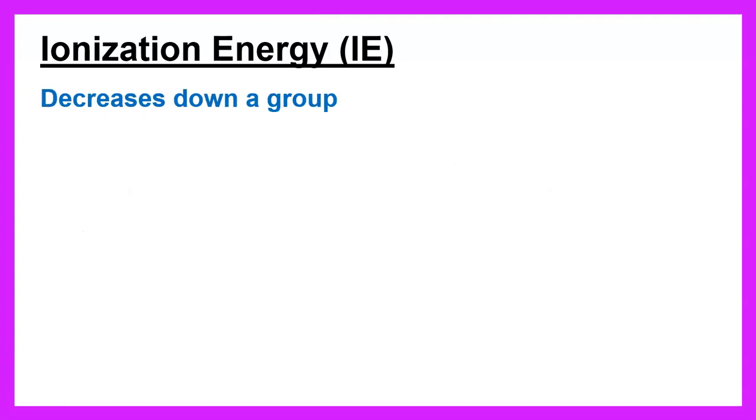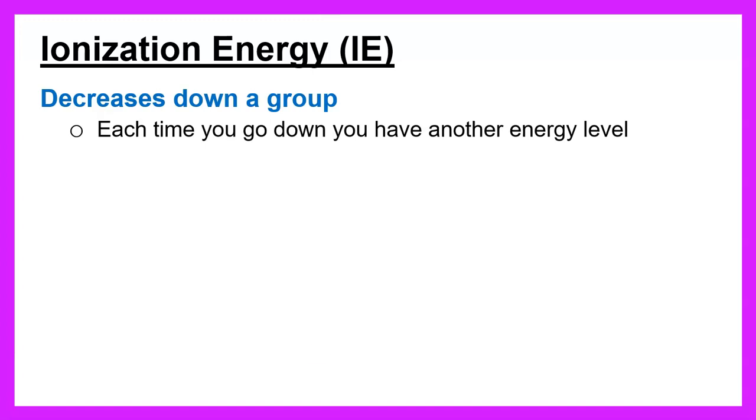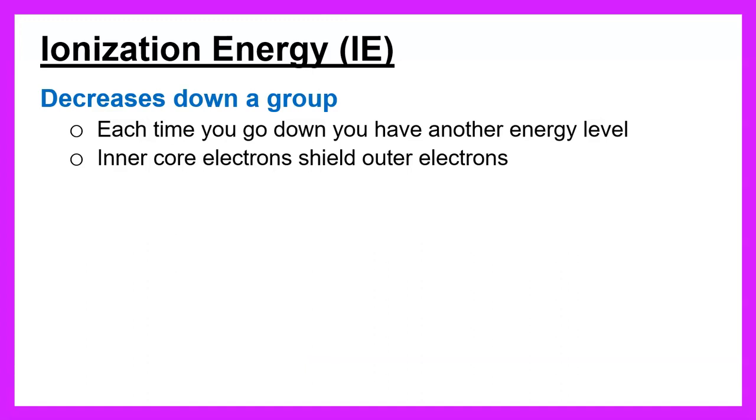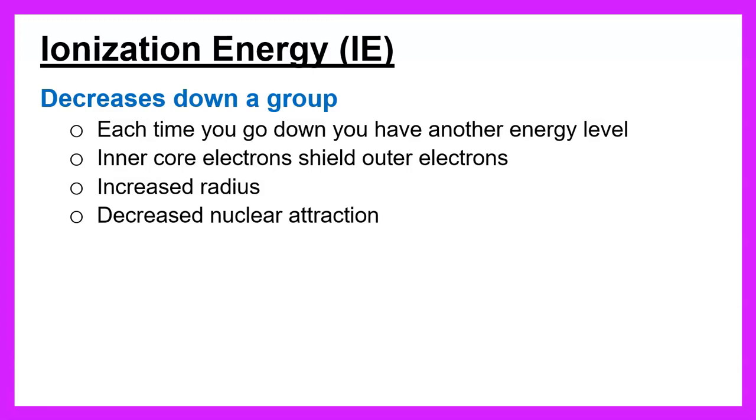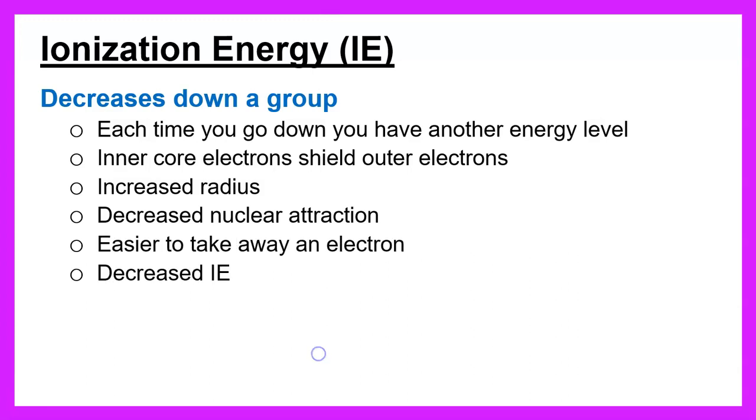Thinking about it going down a group, each time you go down a group, you have another energy level, you have more shielding, increased radius, lower attraction, so it's easier to take an electron away, so you have a lower ionization energy.